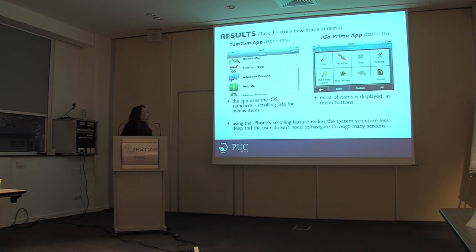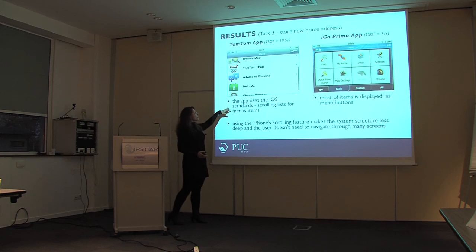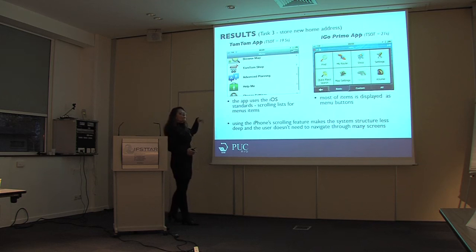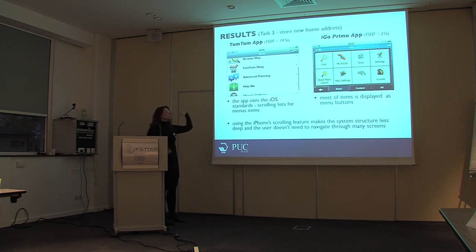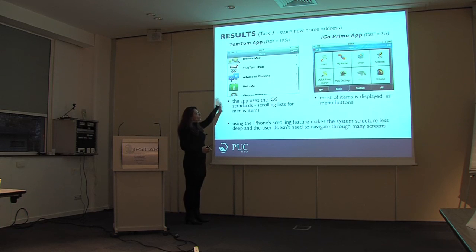And for task 3, store new home address, TomTom has a better solution because the system uses the iOS standards. So instead of using a lot of menu screens in a deep structure, we can find all the options by scrolling the screen.